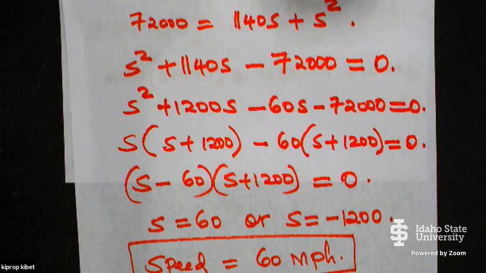Devontae rode his bike uphill 5 miles and then back downhill. The rate at which Devontae traveled downhill was 20 miles per hour faster than his rate going uphill. It took him 20 minutes longer to ride uphill than downhill. What was his uphill rate?